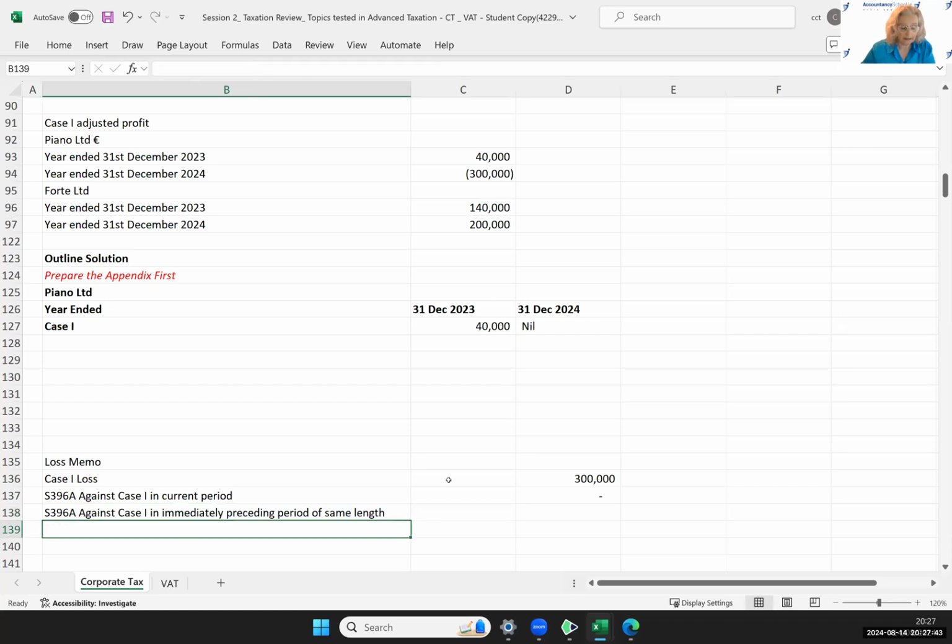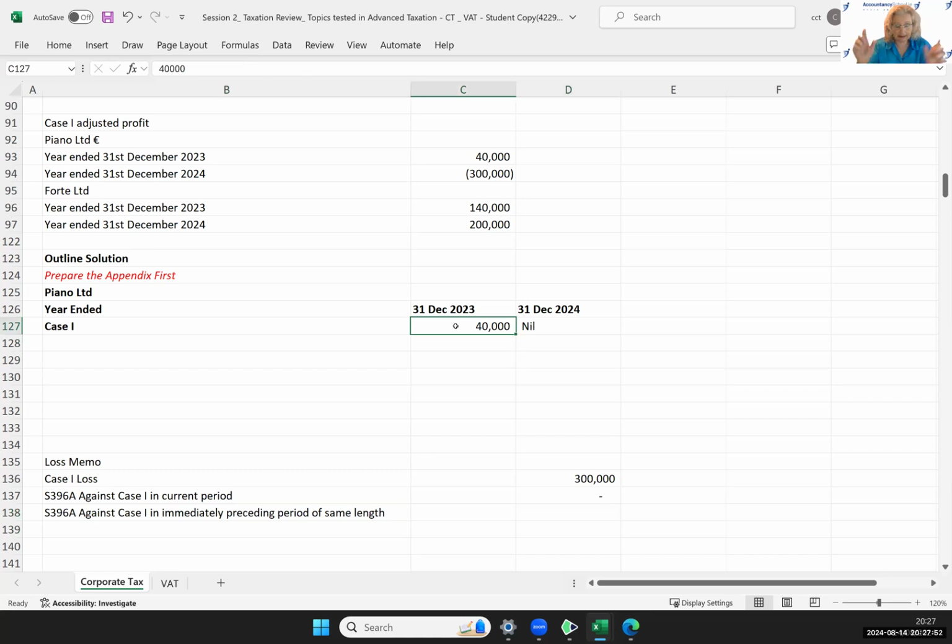Okay, so does Piano Limited have any case one income in the immediately preceding period of the same length? So what's that mean? It means that the accounting periods must be the same length. So year ending 31st December 2024 is 12 months long. Year ending 31st December 2023 is 12 months long, and it is the immediately preceding accounting period. So we can take some of those losses back and we can offset it against that case one income.